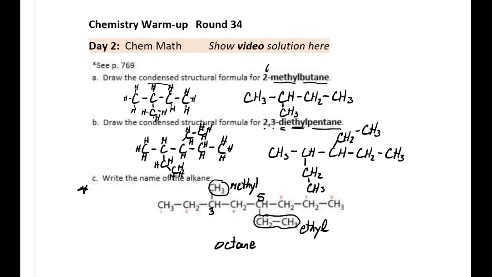Branches are listed in alphabetical order, so ethyl is going to be listed before methyl. And when you name a branch, you also indicate a number to say where it's attached on the parent. So we have 5-ethyl, and then 3-methyl, and then octane. And you want that to all fit together nicely so it looks like one big long word with some numbers and some dashes in it.